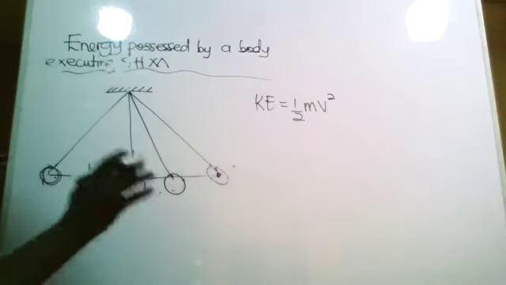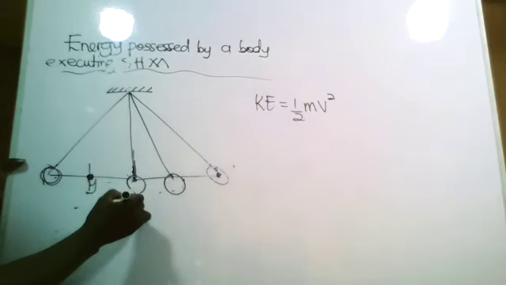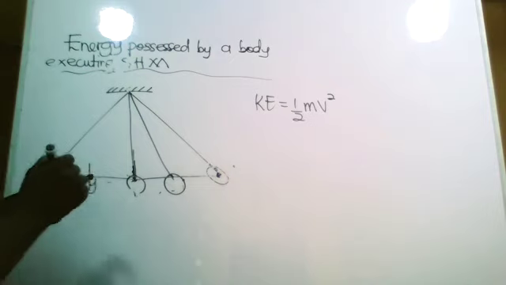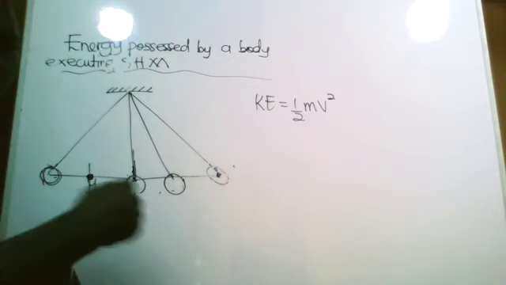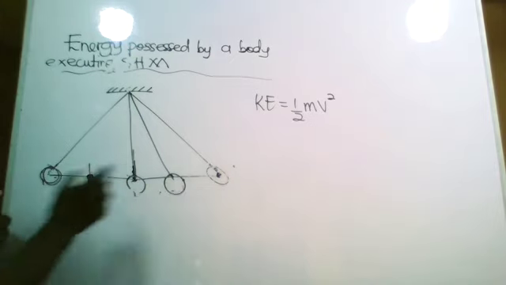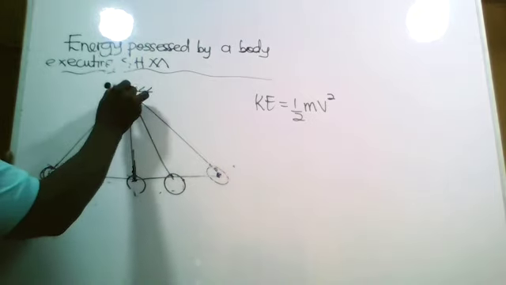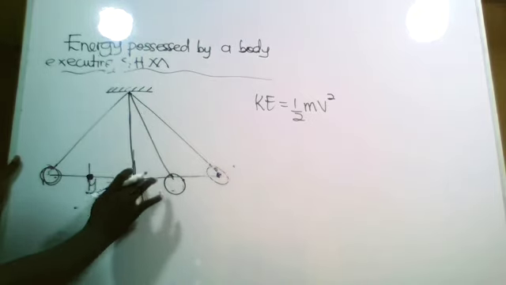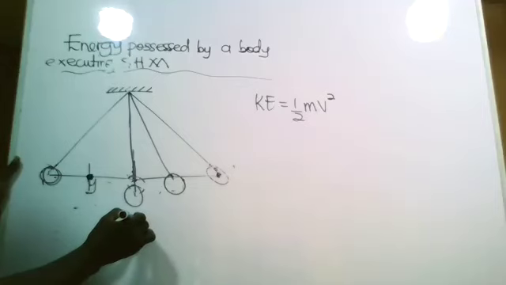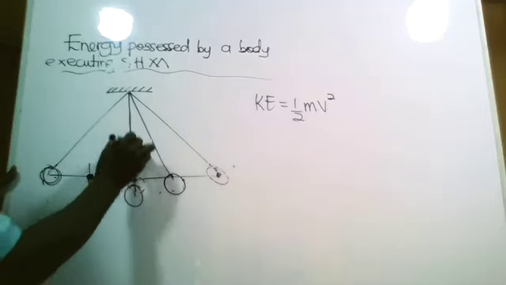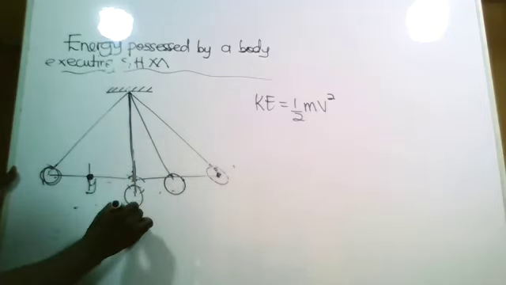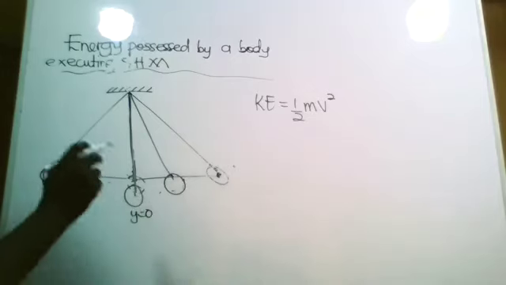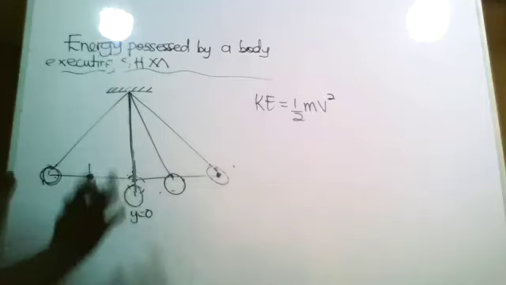No, because the energy is possessed by virtue of the body's position or displacement. So if the body is at the mean point, Charlotte, what's the displacement? 0. And so potential energy here must be 0.